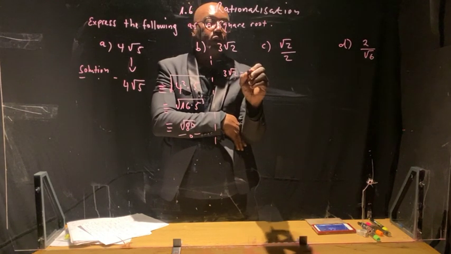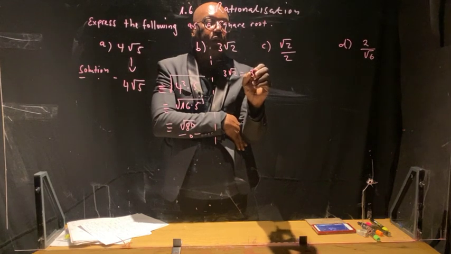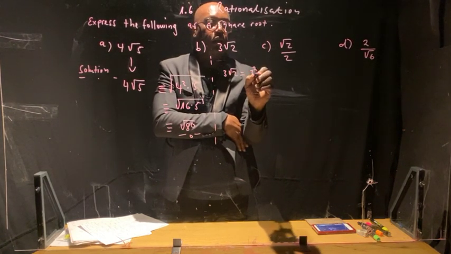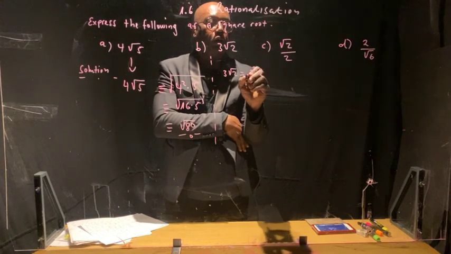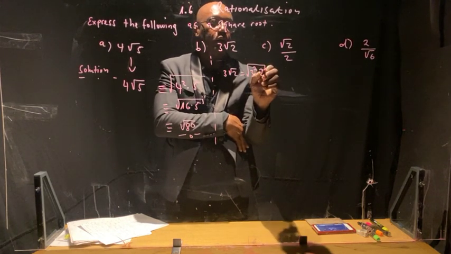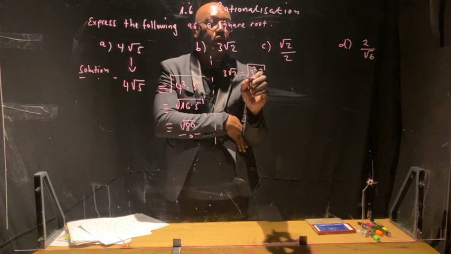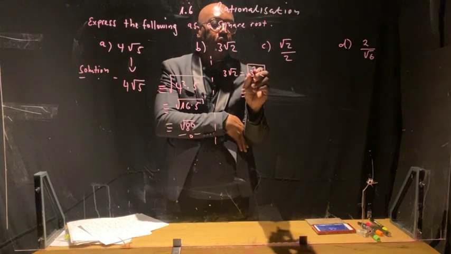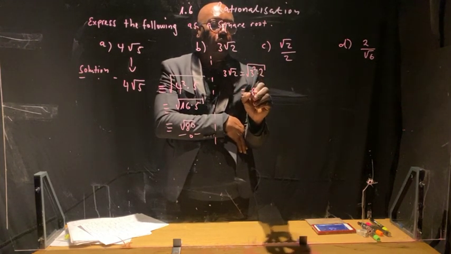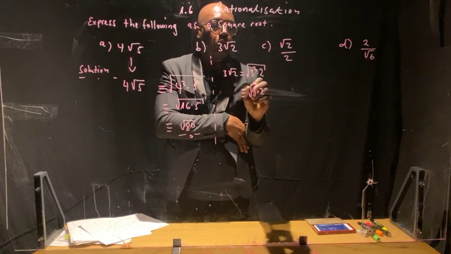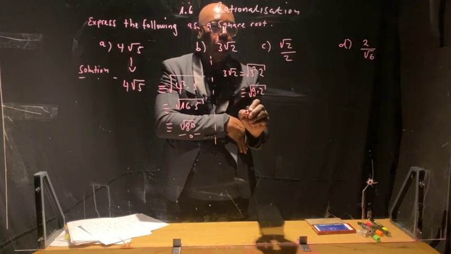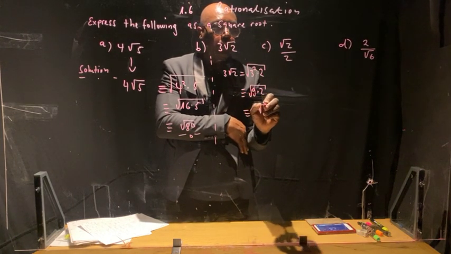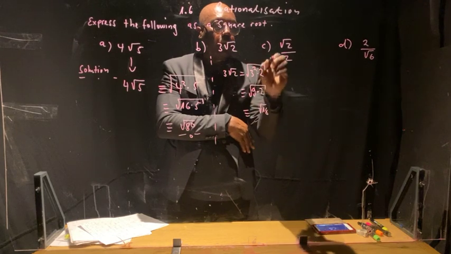So it becomes 3 being pushed inside, I square it, times 2. Then I cover it with the square root. So it becomes 3 raised to the power 2 is 9, times 2, the square root. So it becomes root 18.